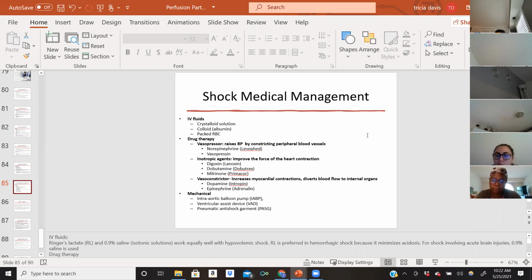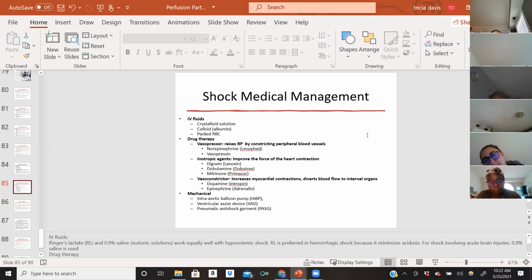We're going to give dobutamine or Dobutrex or milrinone or Primacor. Your vasoconstrictors are going to increase myocardial contraction and divert blood flow to those important internal organs. So we can give dopamine, which is also Inotropin, and we can give epinephrine or adrenaline.